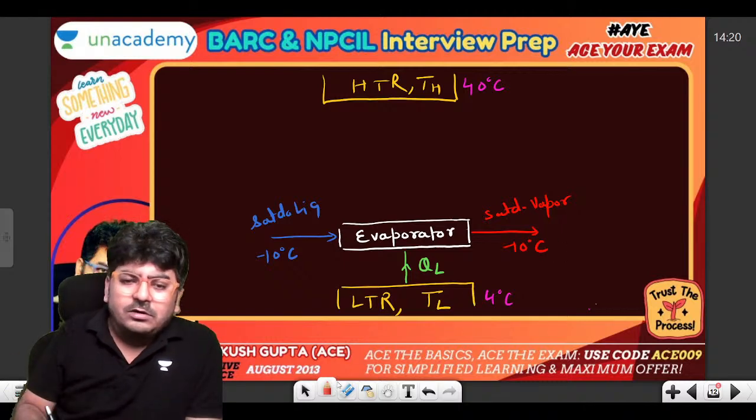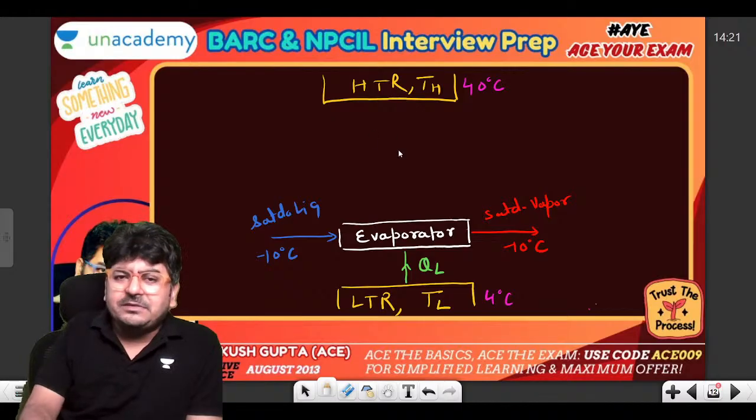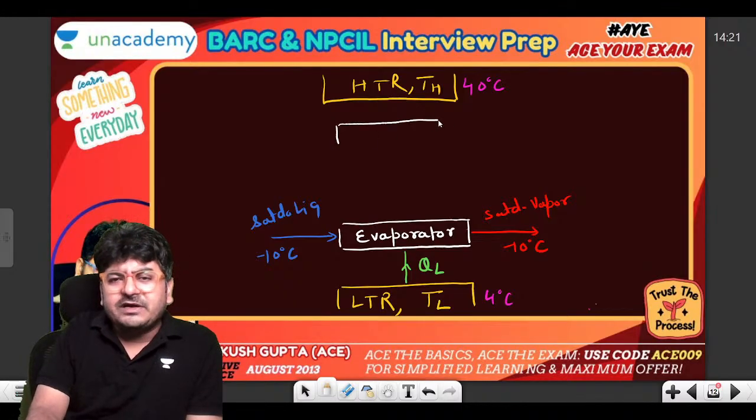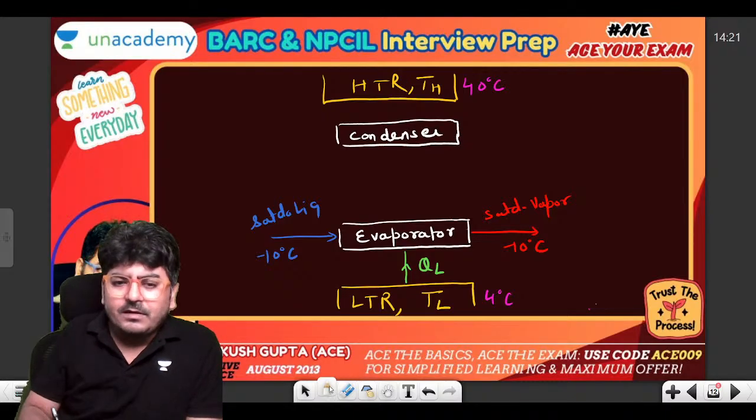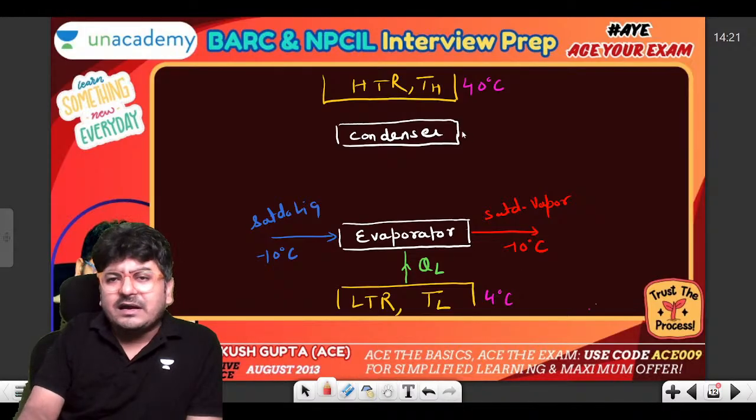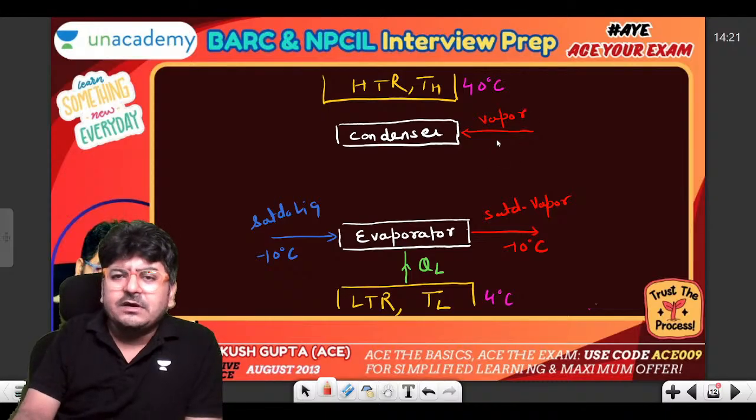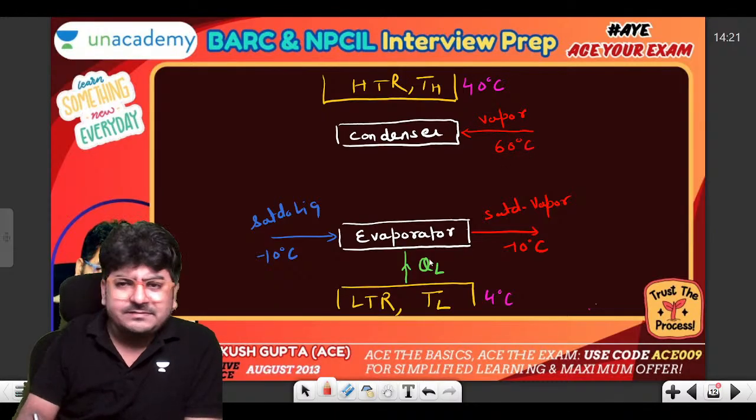Okay. Now, similarly for the high temperature body, suppose I am using a component, let's say a condenser. The idea is that in the condenser I should send high temperature vapors, which should have a temperature above 40. Let's say the temperature of these vapors is about 60 degrees Celsius.